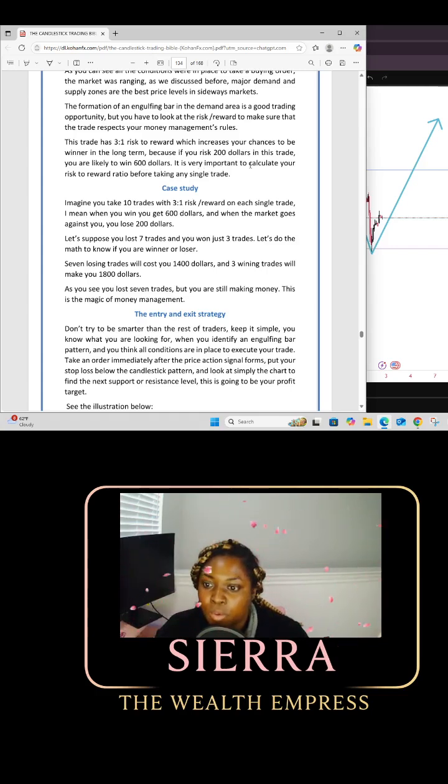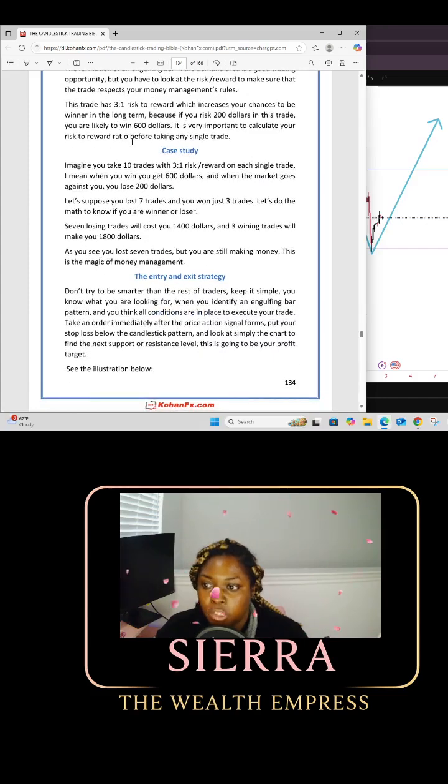It is very important to calculate your risk to reward ratio before taking any single trade. And it really is, because the number one thing that new traders do is calculate what they're going to make, and they ignore what they're going to lose. You always want to calculate what you're going to lose. Winning is a plus, okay?